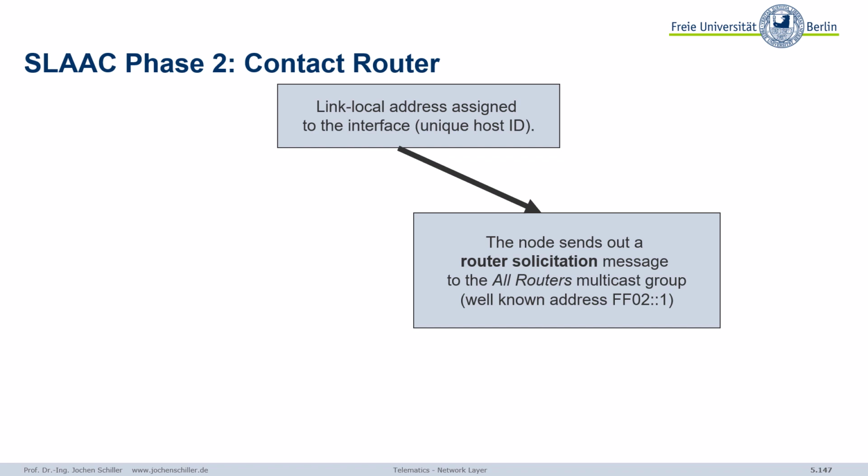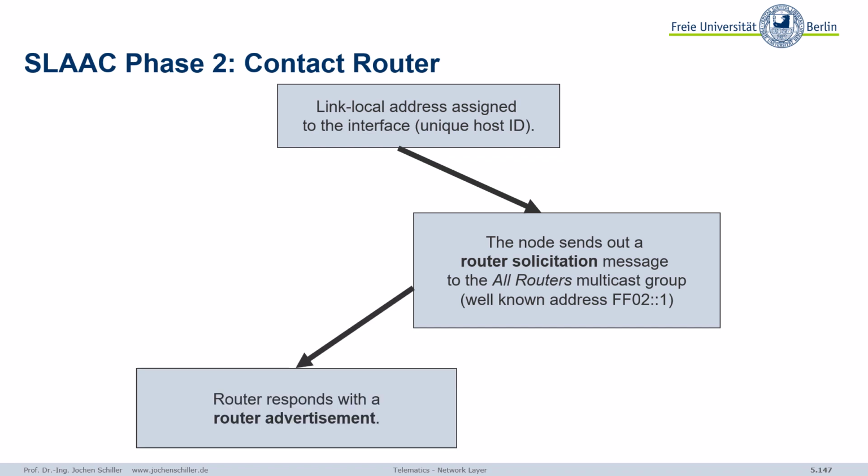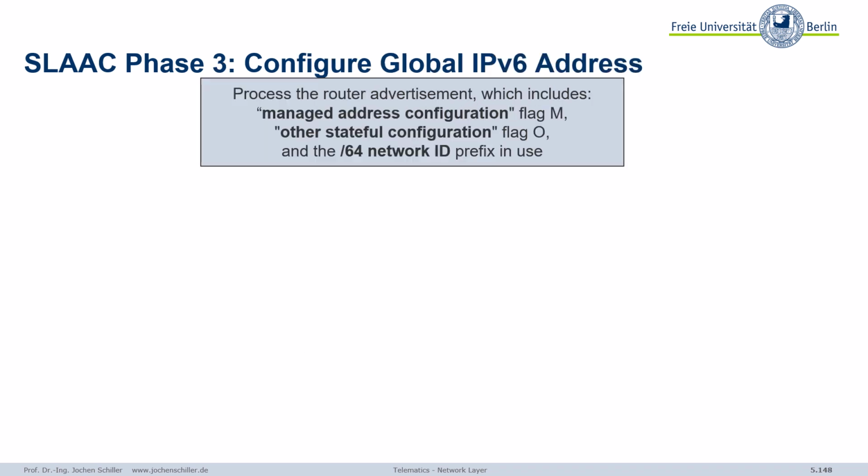So this is a router solicitation message, and then routers, or at least hopefully one router, respond with a router advertisement. Okay, so first I get this link local address. With the help of the address, I can now ask the routers. Routers will answer. Still, we don't have a global IP version 6 address.